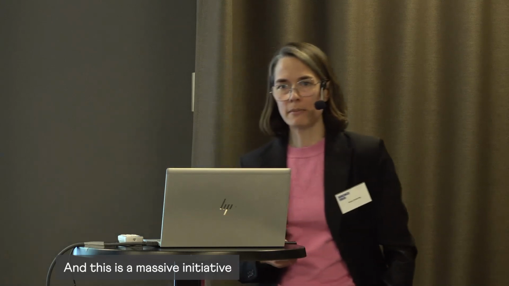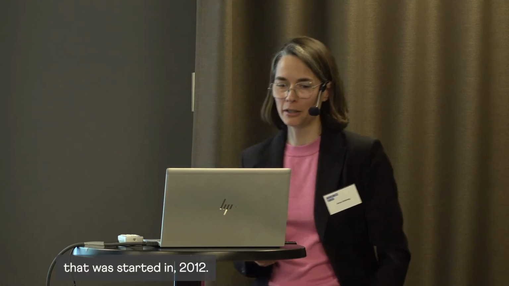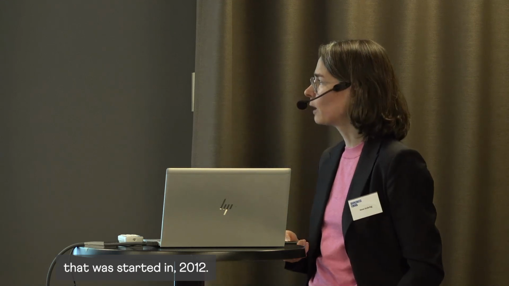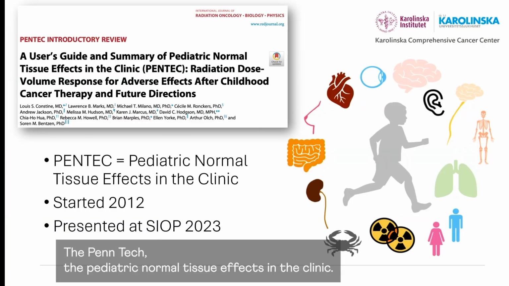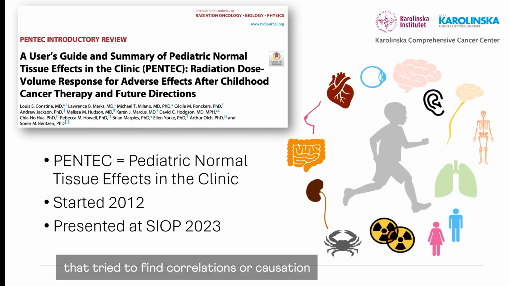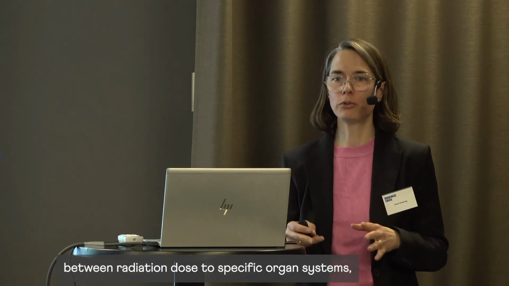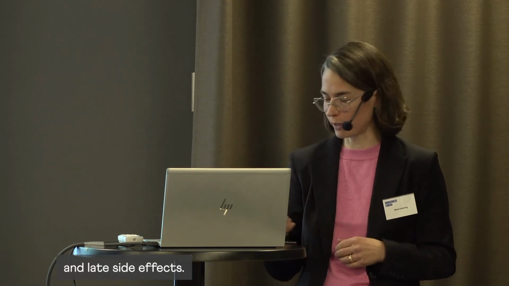And this is a massive initiative that was started in 2012, the PENTEC, the Pediatric Normal Tissue Effects in the Clinic. It's radiation oncologists and physicists that tried to find correlations or causations between radiation dose to specific organ systems and late side effects.